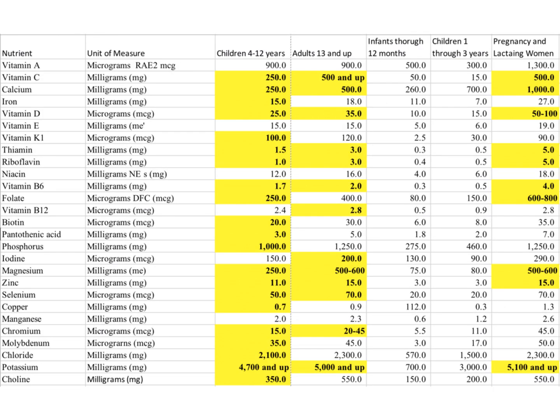But you also have to be aware of the toxic levels of those fat soluble vitamins. Vitamin A, you're going to need about 900 micrograms daily. Pregnant women might need a little bit more, around 1,300.